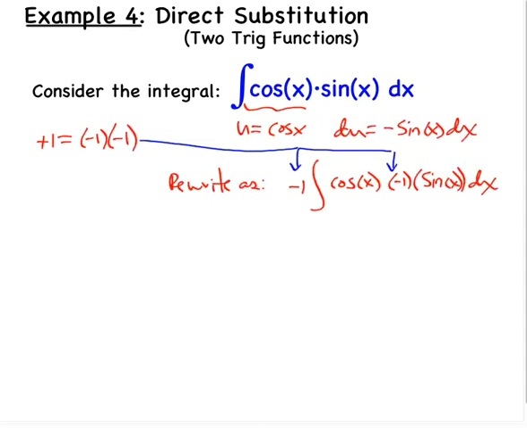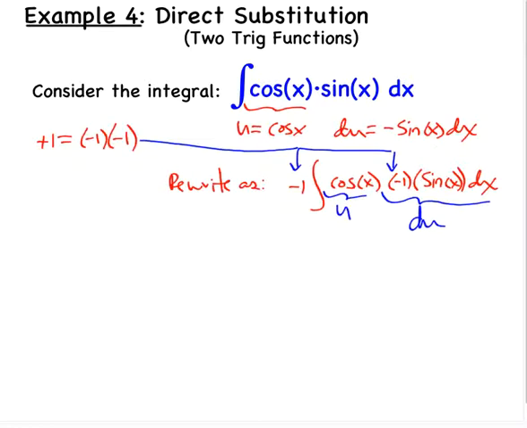So you can see I introduced 2 -1s being multiplied in, because -1 times -1 is +1. Then we didn't really change the problem. And I have the -1 times sine that I need to match up for my du. And now I can let cosine be u.